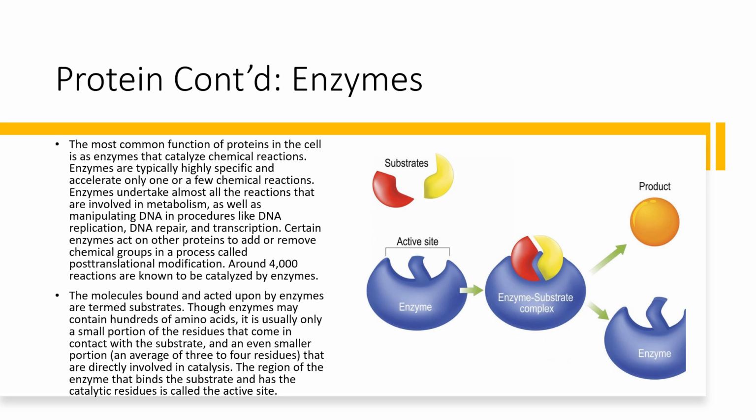Though enzymes may contain hundreds of amino acids, it is usually only a small portion of the residues that come in contact with the substrate, and an even smaller portion, an average of 3 to 4 residues, that are directly involved in catalysis. The region of the enzyme that binds the substrate and has the catalytic residues is called the active site.